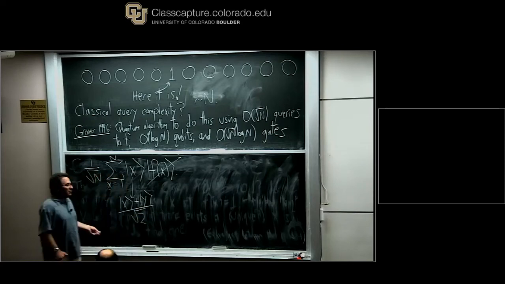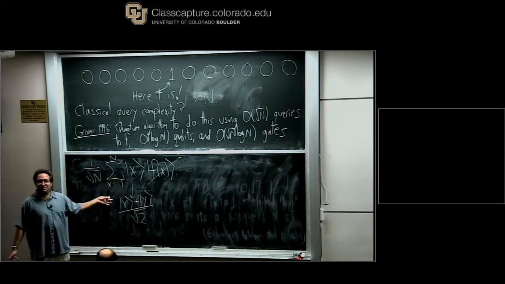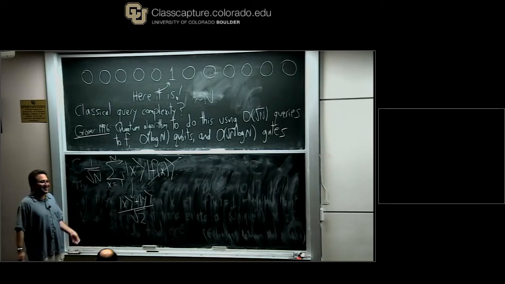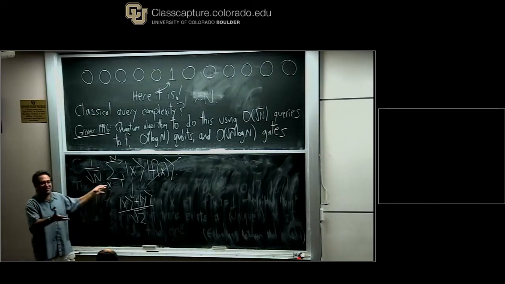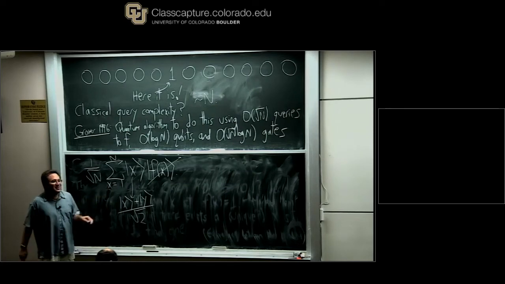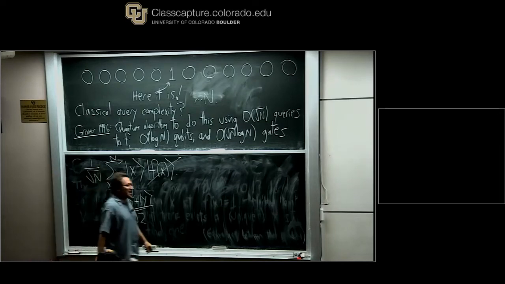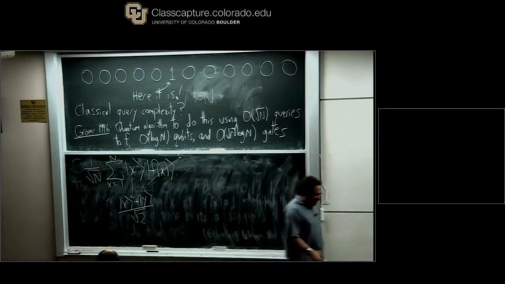Now, if only we could measure this thing twice, we'd be done. It's so frustrating. It's like we've got it almost in our grasp. But the trouble is you measure this and you only see one of the two, x or y. And furthermore, unlike with Simon's problem, here we don't know how x and y are related to each other.